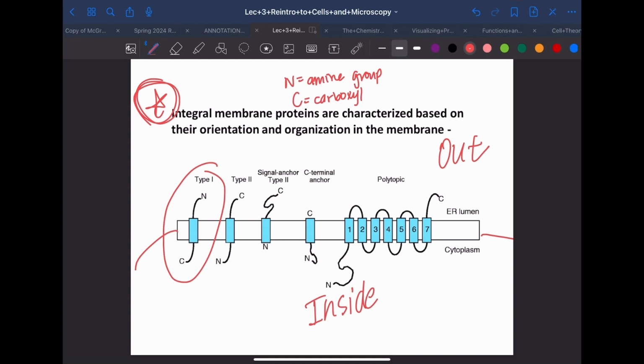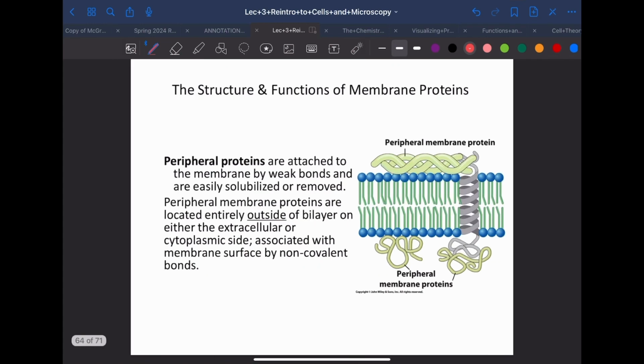All right, I'm going to skip to the next one. Okay, so that was integral. So our next one is peripheral. And just like I said, peripheral means it's like it's off to the side, right? So they are attached to the membrane by weak bonds and are easily solubilized and removed. So in this picture, the green one is the protein, right? This other one, this is something completely different that is literally like you're holding its hand, right?